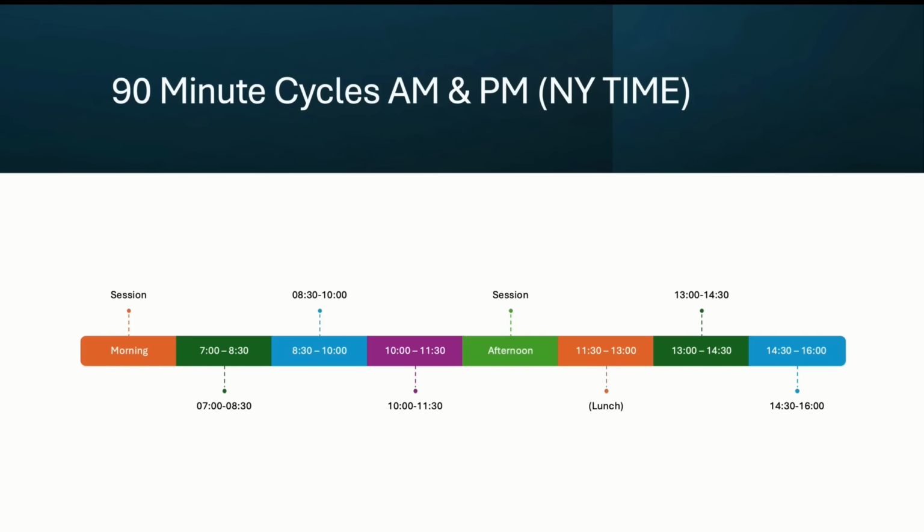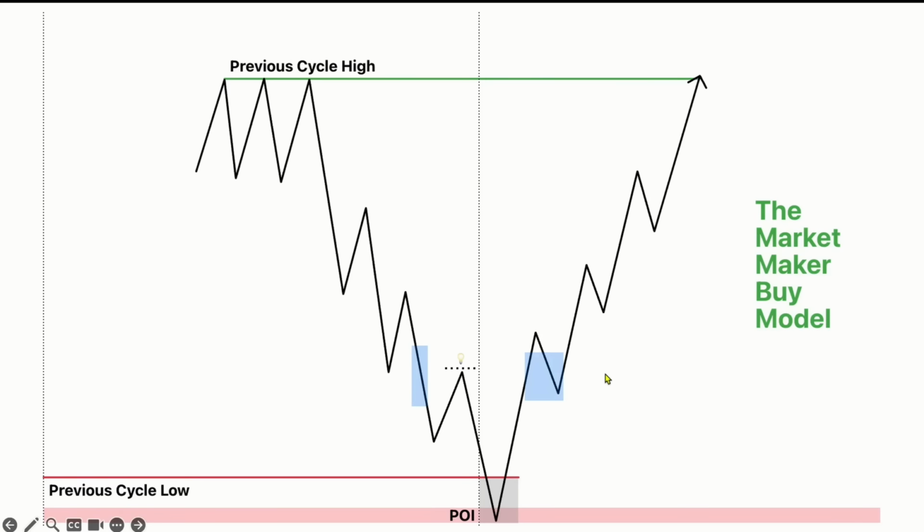First of all, we refer to the session's liquidity, the previous session's liquidity, but we can also refer to these 90-minute cycles as key highs and lows to look out for. If we would then take a look at the market maker buy model schematic again, but with some more lipstick, as you can see, I have first of all annotated that the previous cycle low was down here.